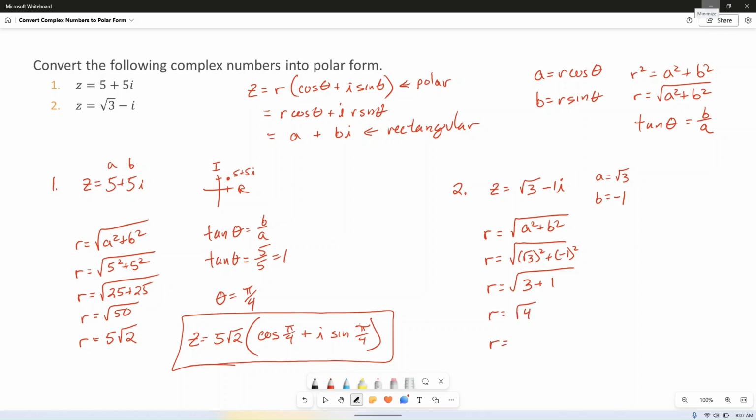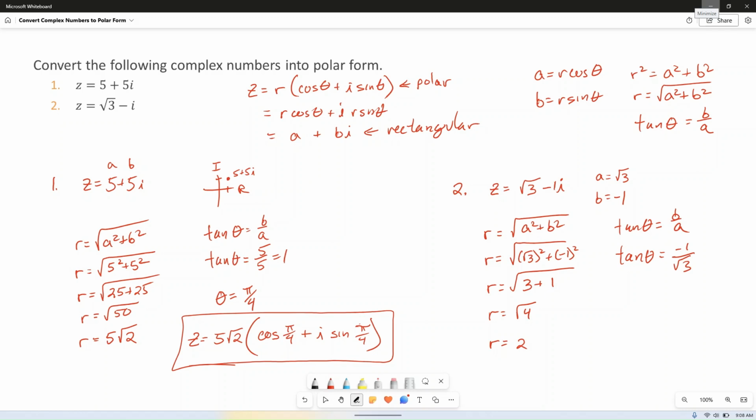So r is going to equal 2. And then tangent of theta is going to be b over a.